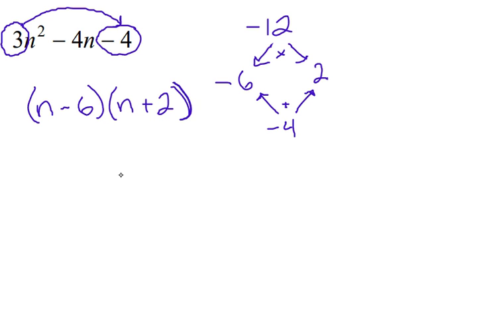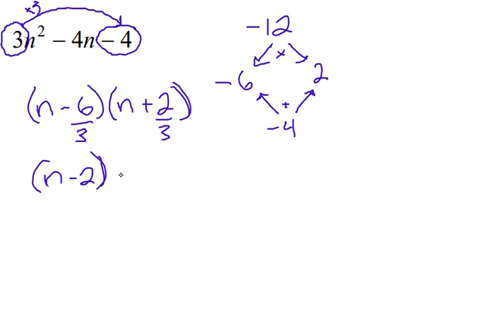However, these two things don't multiply to equal this thing. N times n is n squared, not 3n squared. So the last step, since we had to multiply by 3 to get our factors, we're going to divide our factors by 3. If they simplify, simplify them, like that one.